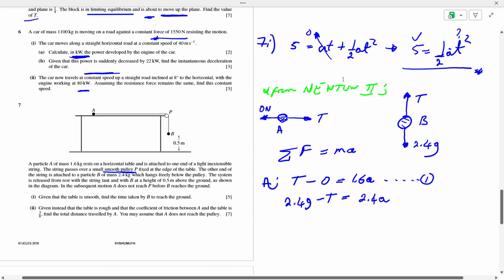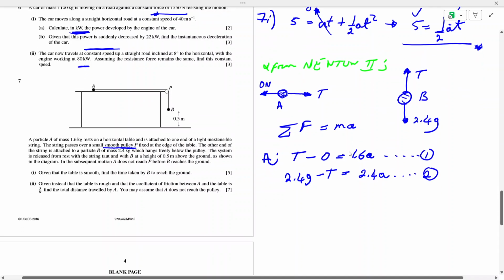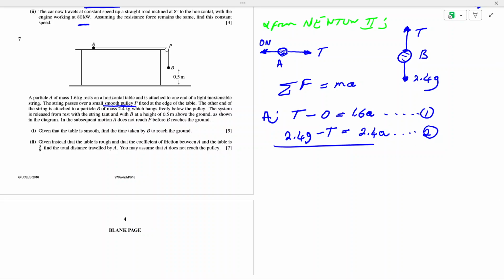Then add those so that the T disappears, and you have 2.4 g equal to 4.0 a, so a is equal to 2.4 g over 4, which is equal to 6 meters per second squared. Put that in the calculator.